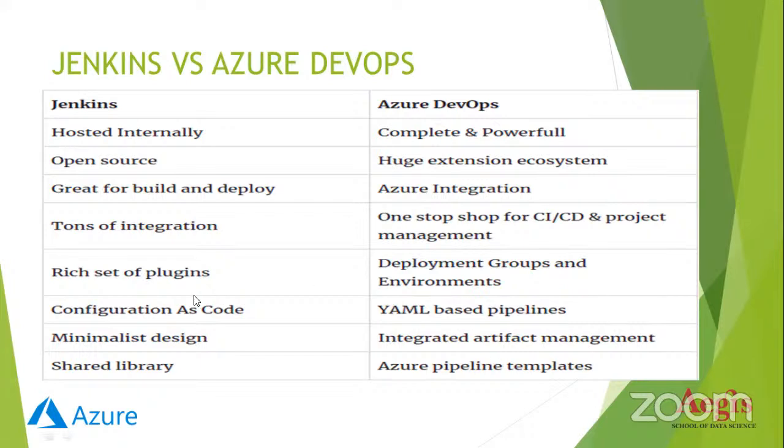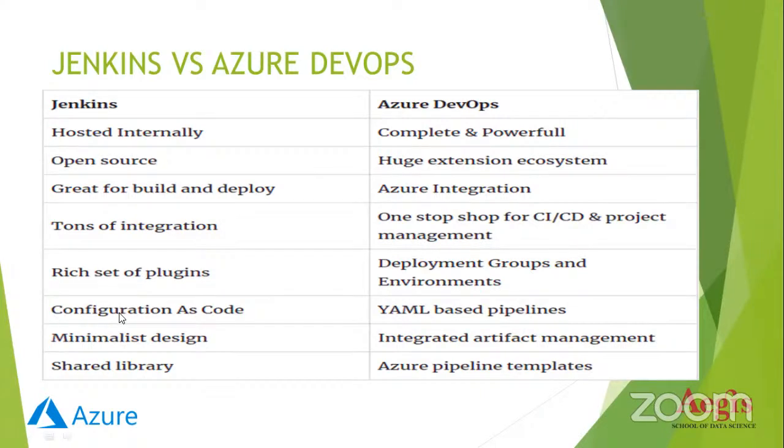In Jenkins there are tons of integrations. Yes, here also there are tons of integrations, and with that we can do project management also. In Jenkins, there is a rich set of plugins. Again, here in Azure DevOps there are so many extensions available. But in Azure DevOps, you don't need to install those extensions. The extensions are already available.